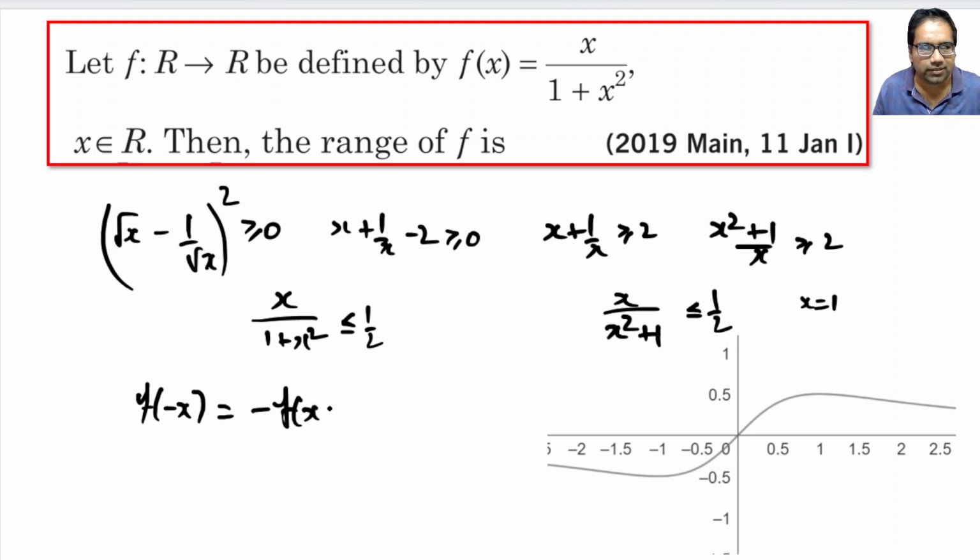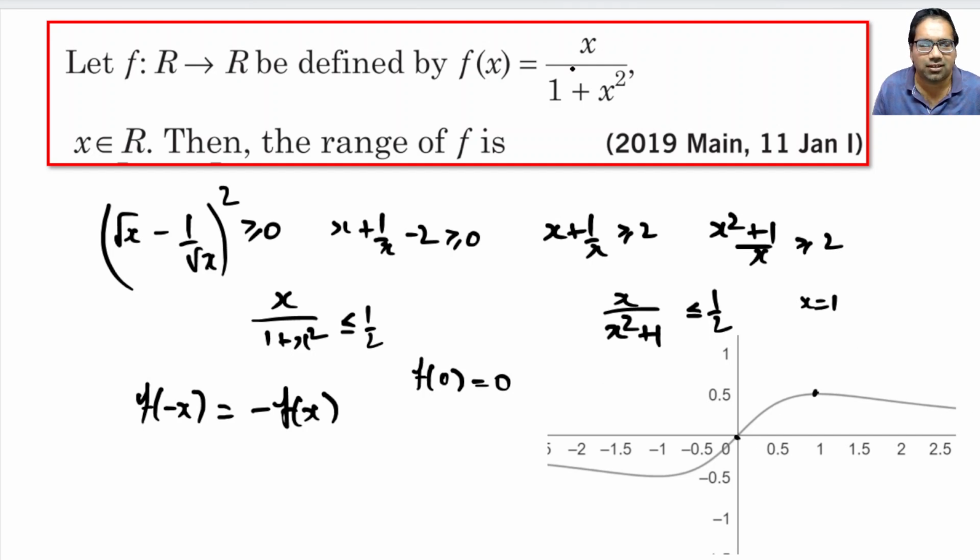This one is always less than or equal to half. And what is f of 0? f of 0, we can clearly see, is 0 by 1 plus 0, which is equal to 0. Basically, this function goes from 0 up to half and then again comes down, right?